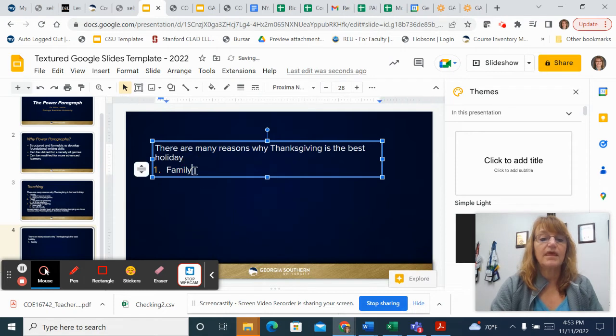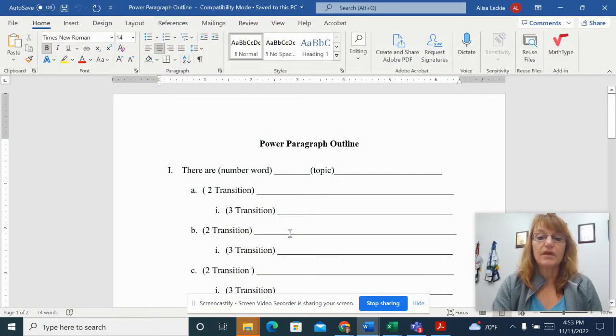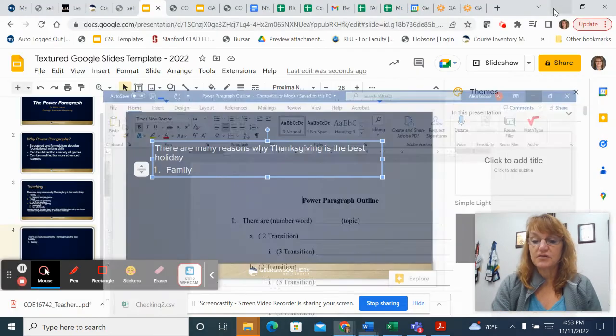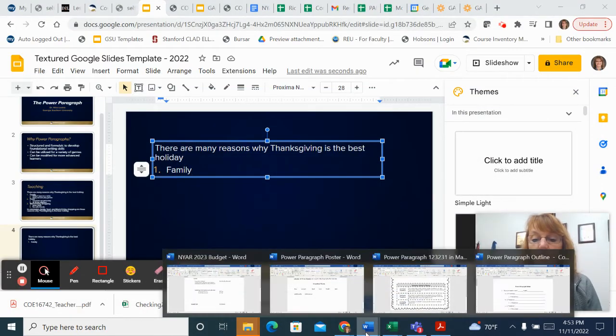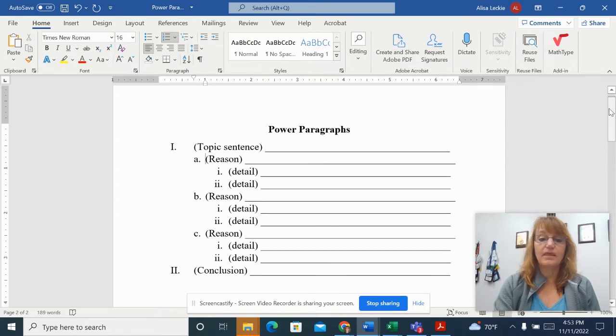Okay. Now, on your outline, if you remember, when we have this outline here, and I'm following my outline, so I have this word reason, and I've written over here, maybe I'm going to indicate with a T, I need a transition.